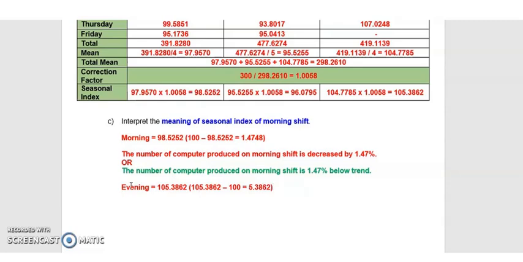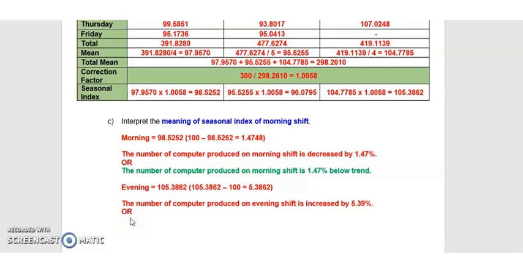So we can say that the number of computers produced on the evening shift is increased, increased because more than 100%, by 5.39%.